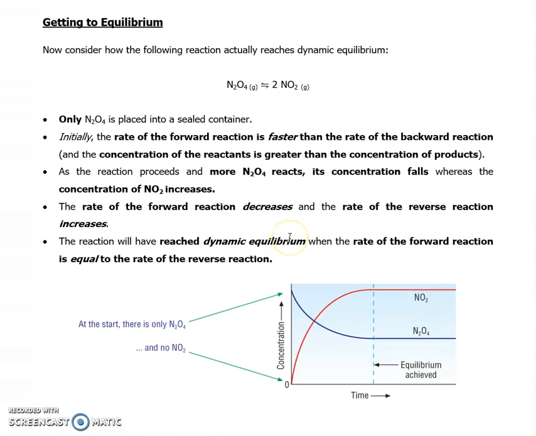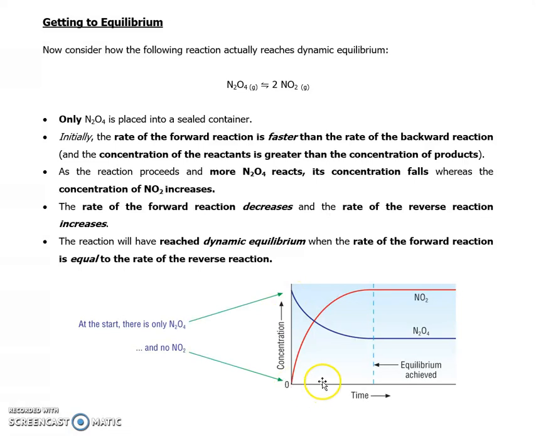So, how do we get to equilibrium? We saw the picture on the front page, which showed that we started off with a high concentration of our reactants and a zero concentration of our products. If we consider this equilibrium here, the blue line represents the reactant, N2O4. The red line represents the product, NO2. What we see here is that initially at time zero, there is a high concentration of N2O4 and zero concentration of NO2.